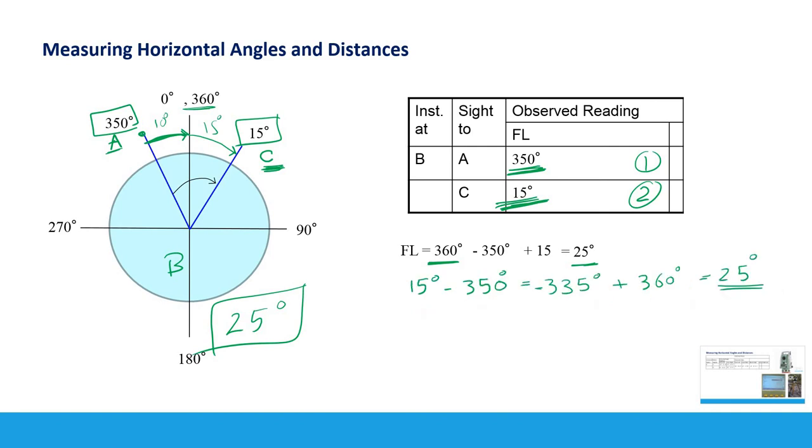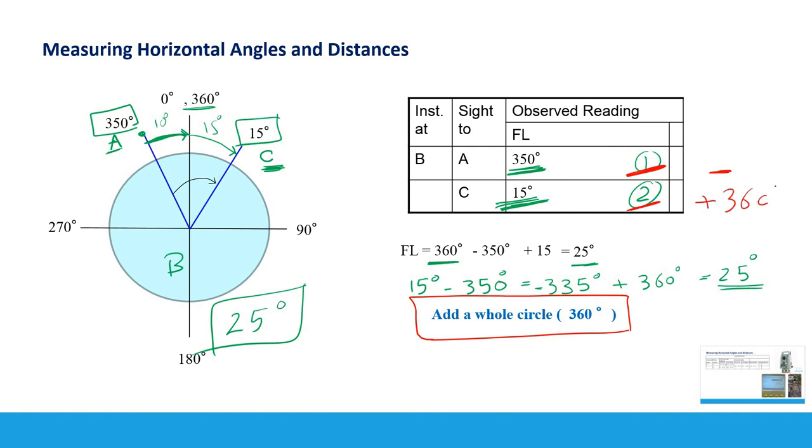Okay, now as a rule, guys, I can say once you have got a negative answer here, if you do the second minus the first and then you've got a negative number, just add 360 degrees and then this will adjust your answer. I tried in this slide just to explain why you need to add 360 degrees, and this is why here, because you passed the 0 point, and then because of that you completed a whole circle.